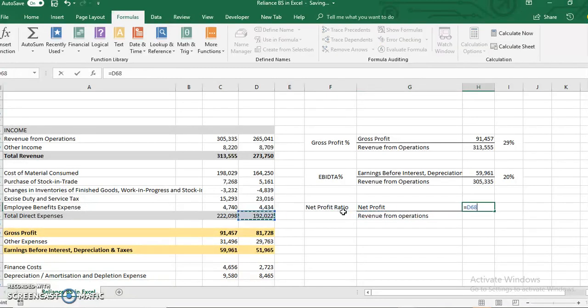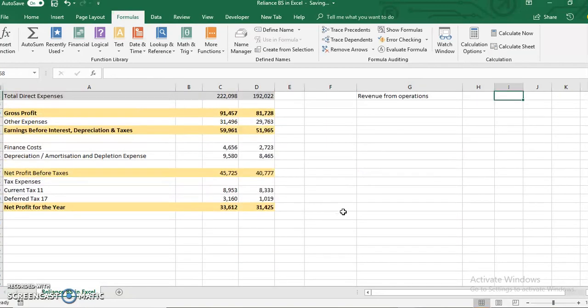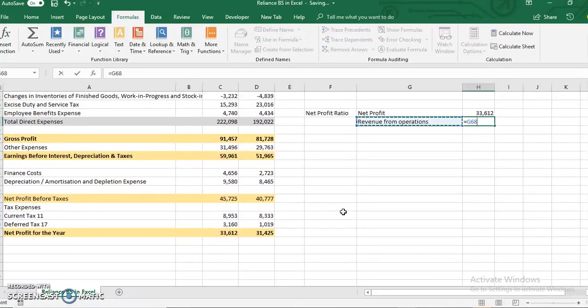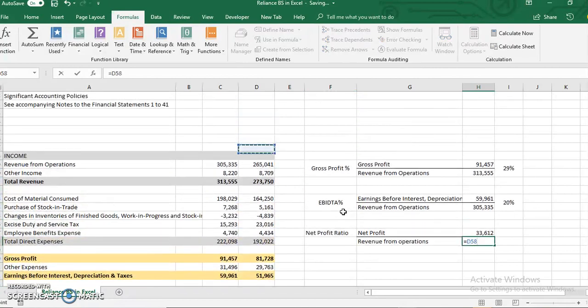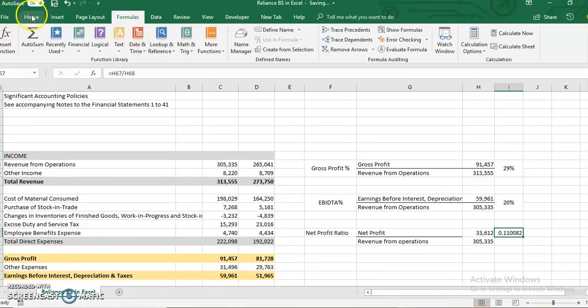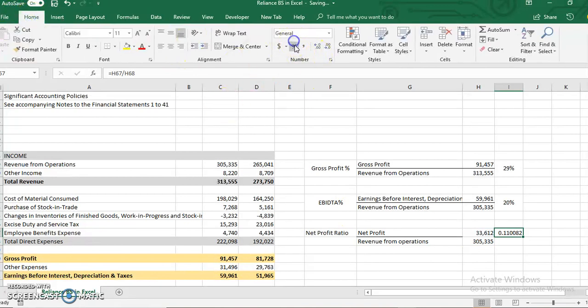The net profit is 33,000 divided by the revenue from operations, which gives only about 11%, but earnings before interest, depreciation and taxes is 20%.